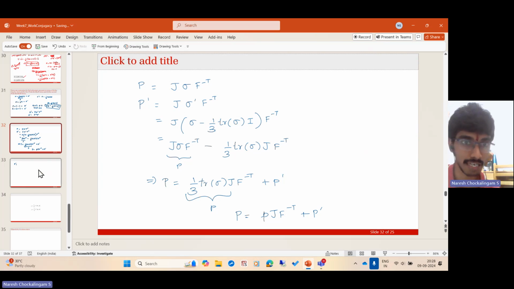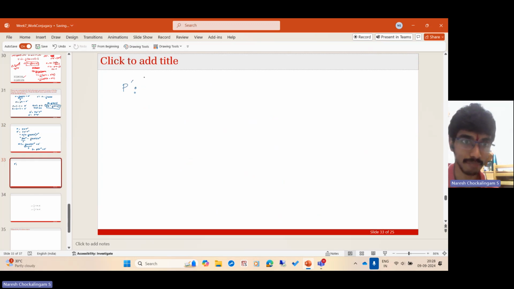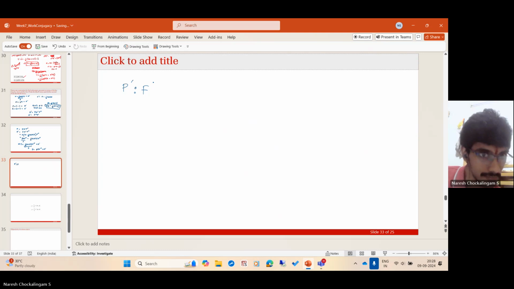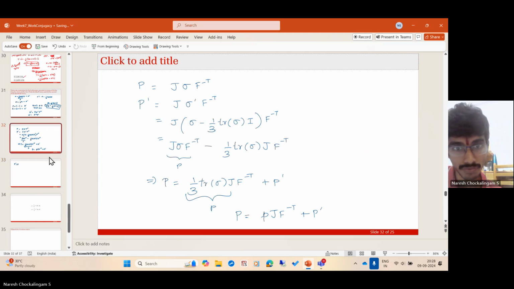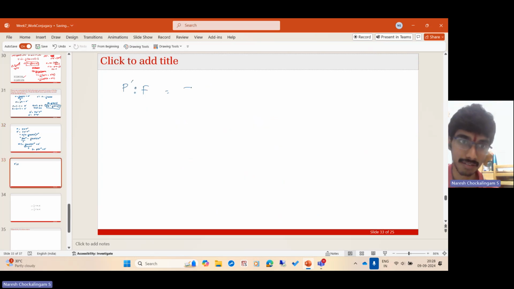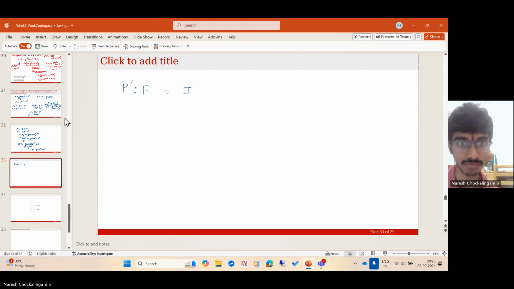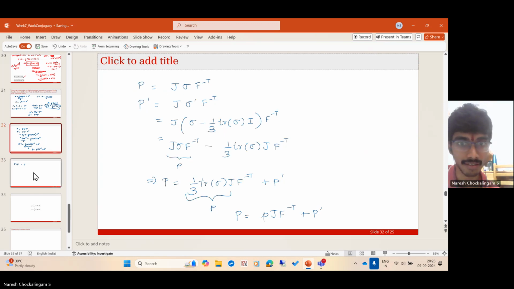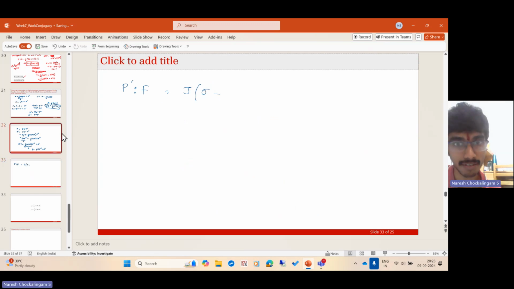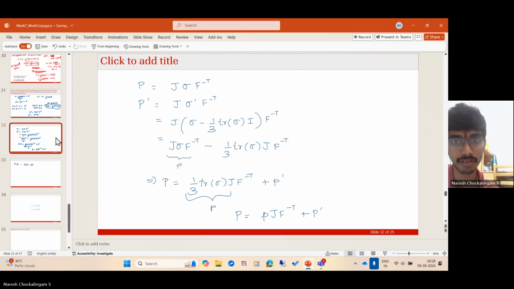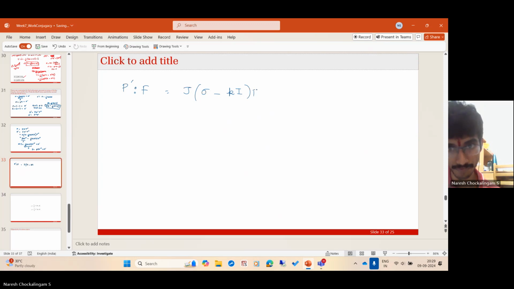Right? Yeah. So look at this P dash and contract it with F. So P dash contracted with F is J sigma minus, so this is the 1/3 trace of the, I can call it small p, I, F inverse transpose contracted with F. So this F inverse transpose can go to the other side.